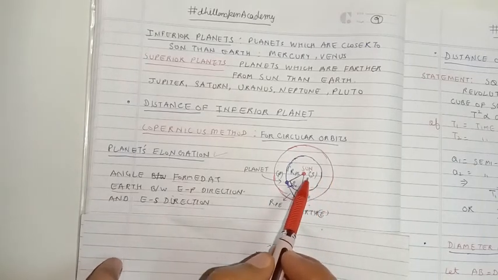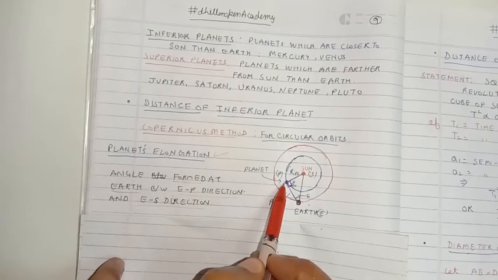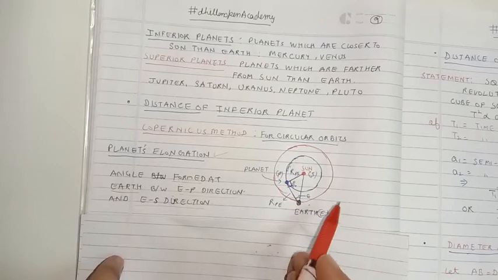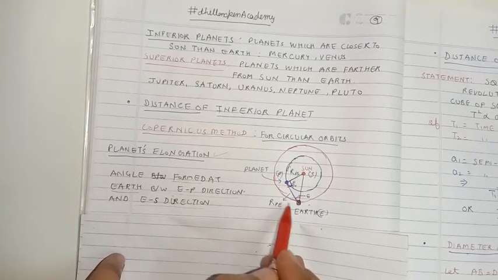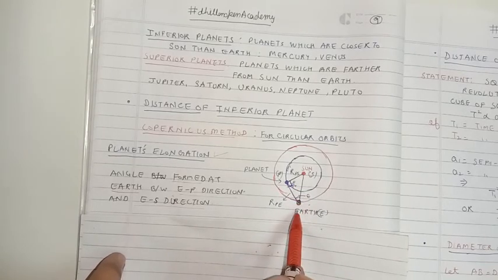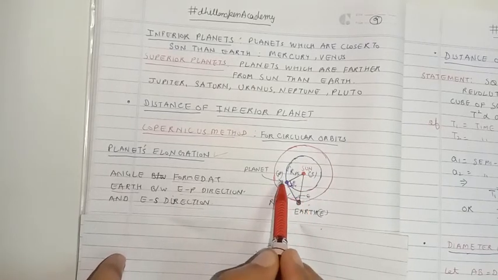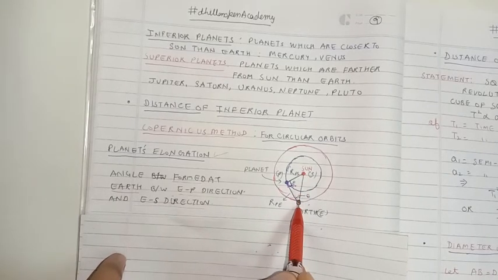This is the position of the Sun. This is the position of the planet whose distance is to be measured. This is Earth. So this is the line joining the planet with the Earth, and this is the line joining the Sun with the Earth. If we measure the angle between the line joining the planet with the Earth and the Sun with the Earth, that is this angle PES, then this angle we call the planet's elongation.